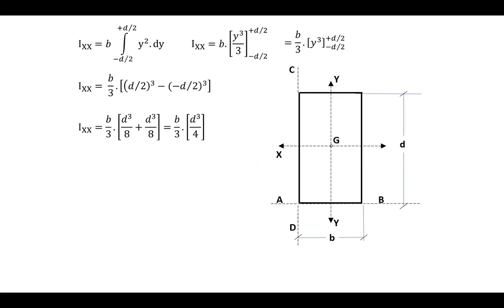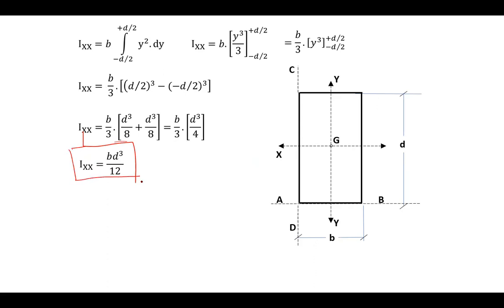Therefore Ixx is equal to b by 3 into d cube by 8 plus d cube by 8, which will become d cube by 4. Therefore bd cube by 12 is the moment of inertia of a rectangle about its central axis.